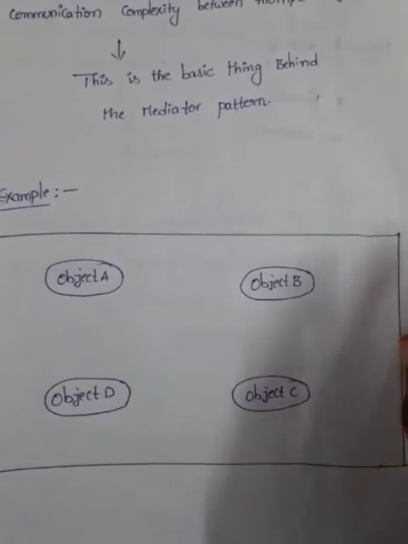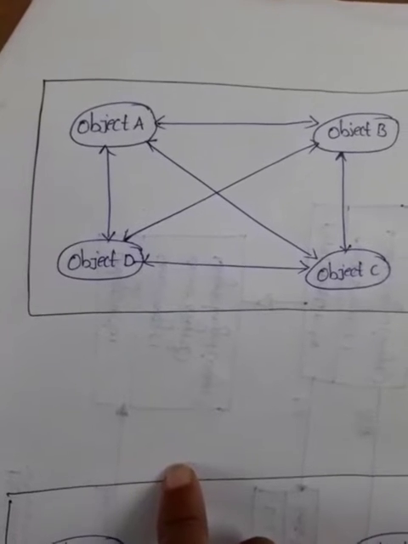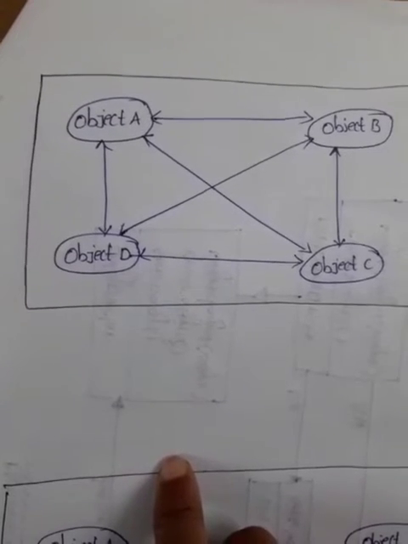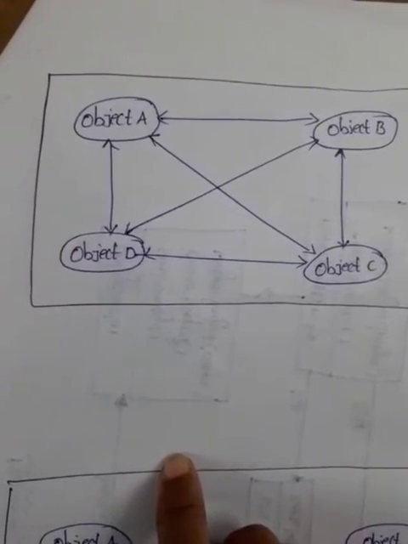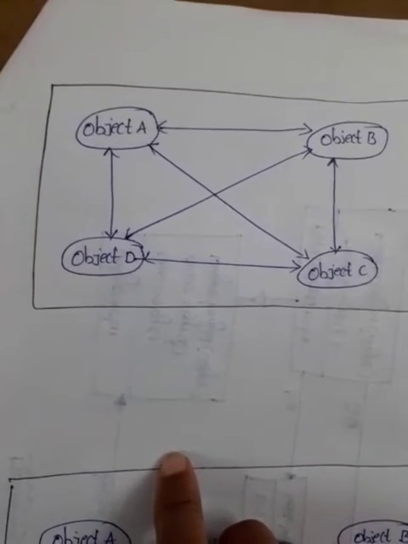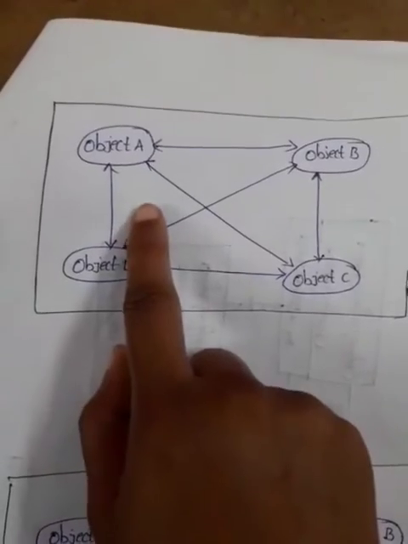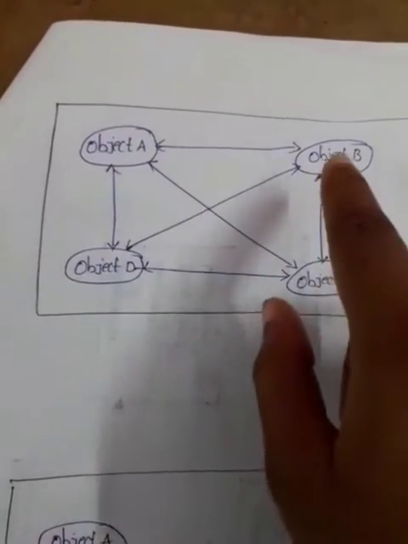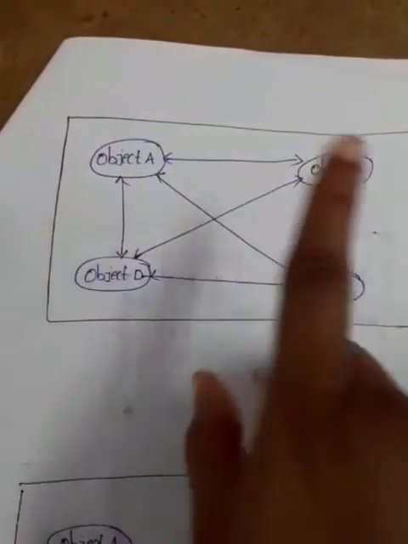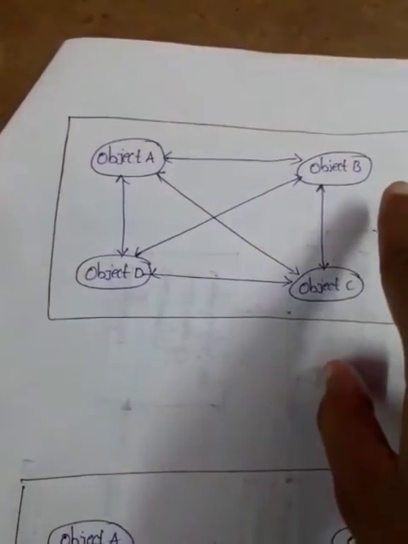How do they do it? Here each object will call another object directly. Object A wants to communicate with B, so A should know the reference of object B. Using that reference, object A can call object B and send messages to it.